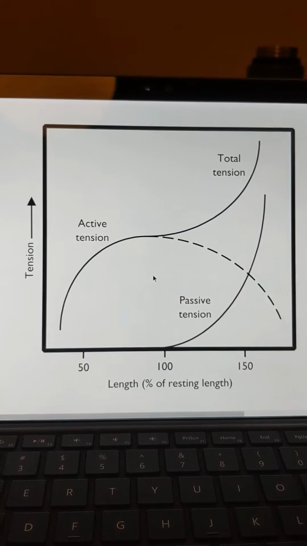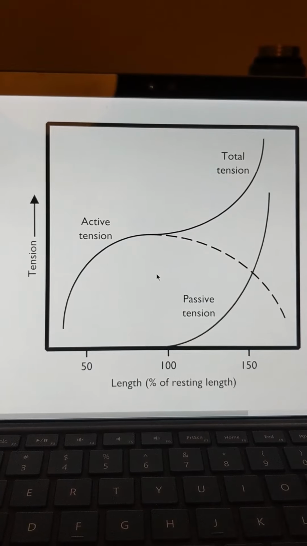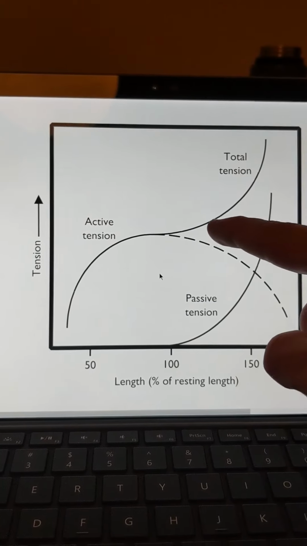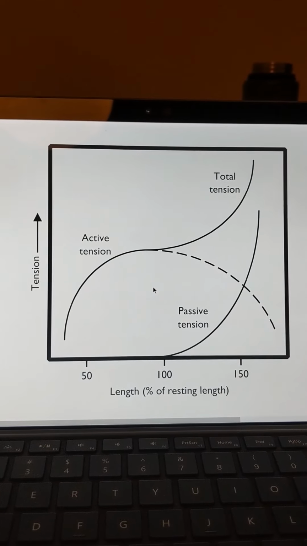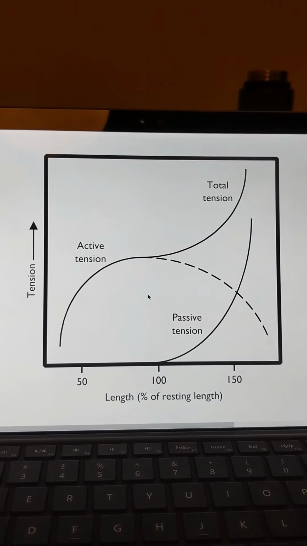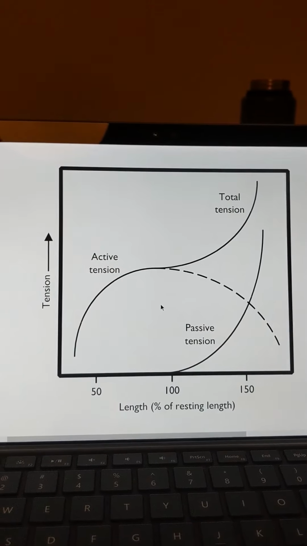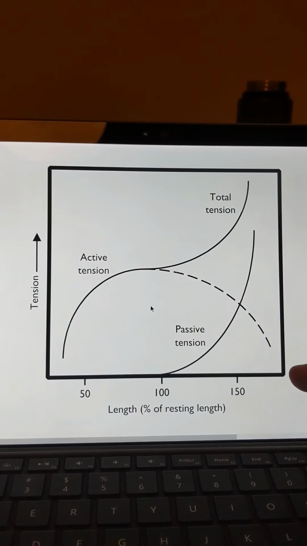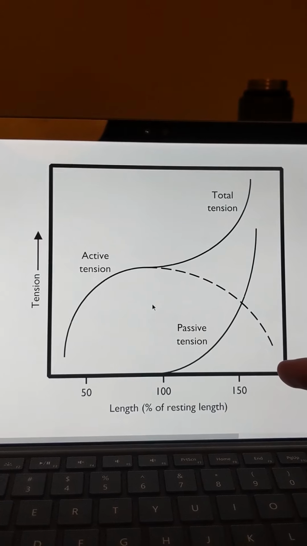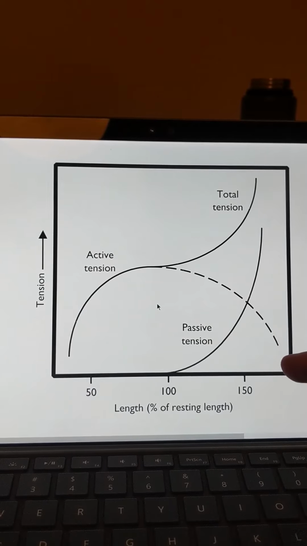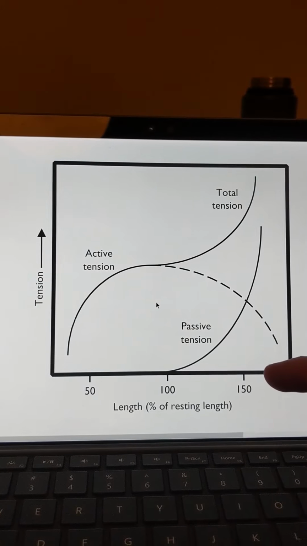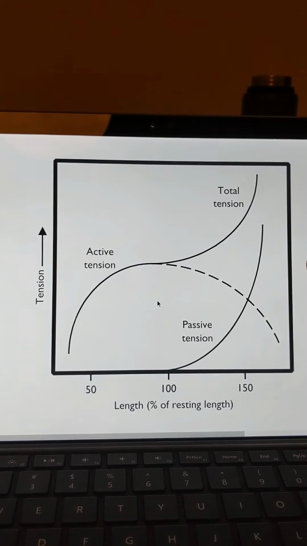And when you combine active tension with passive tension, you have more than if they're working separately, all right? So that's really the takeaway from this. When you are in a more stretched range, you have the ability to tap into more total tension, and therefore you're able to generate more force.